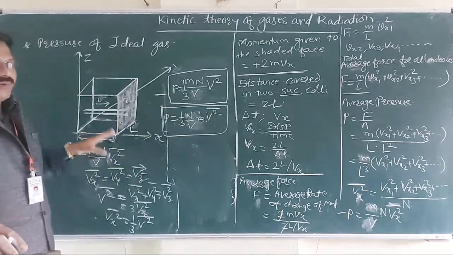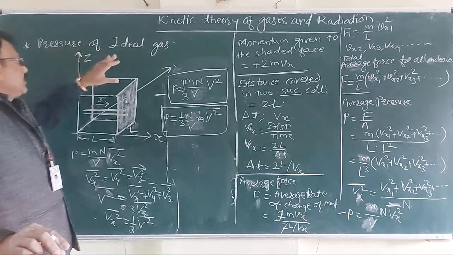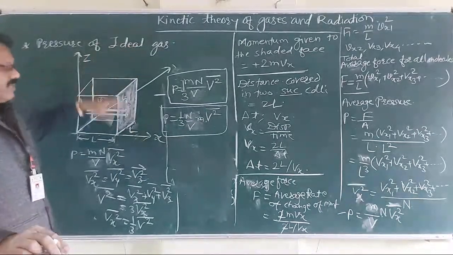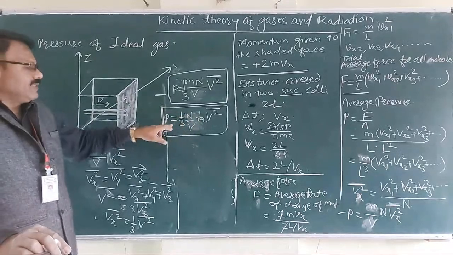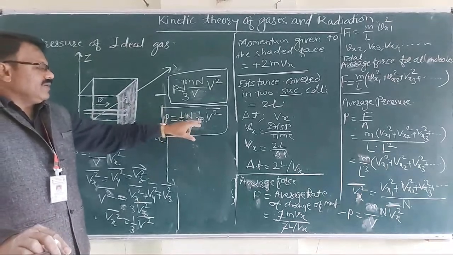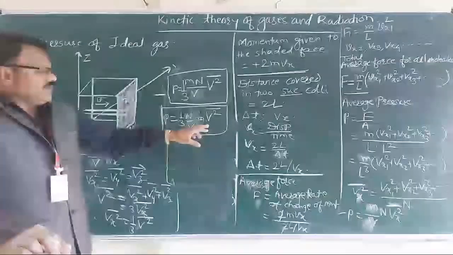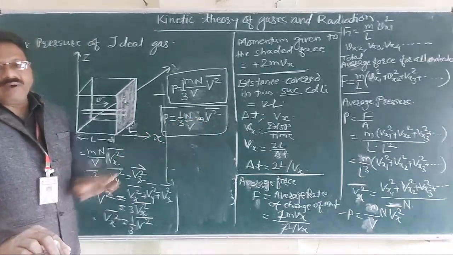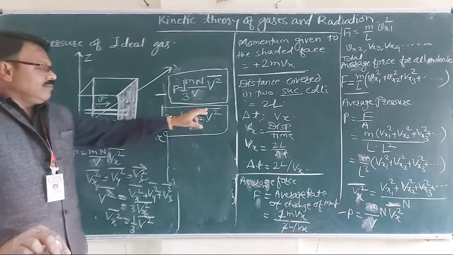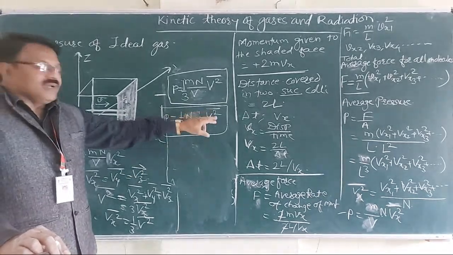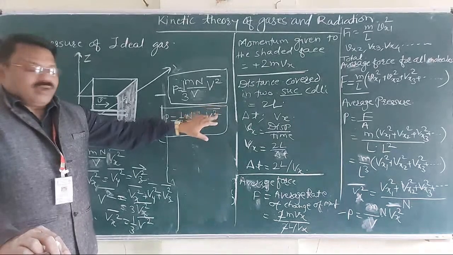Now this is about the pressure of ideal gas. Pressure of ideal gas जो आहे तो तुम्हाला अशा पद्धतीने मिळेल, P is equal to 1 by 3 n upon V into m V square bar, in which V square bar is the mean square velocity. Mean square speed किंवा mean square velocity.